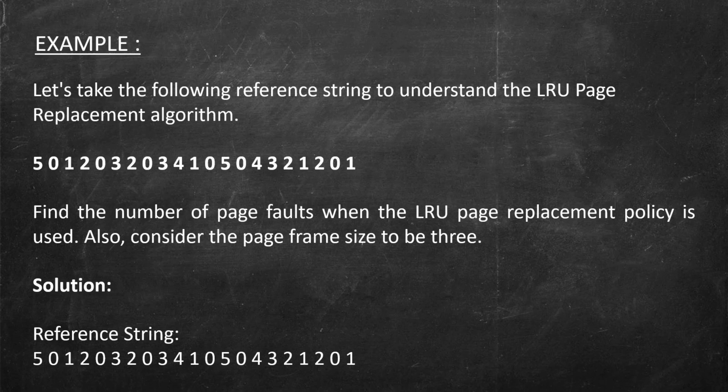Now, let us look at some examples. Let's take the following reference string to understand the LRU page replacement algorithm in a better way. The string is 5, 0, 1, 2, 0, 3, 2, 0, 3, 4, 1, 0, 5, 0, 4, 3, 2, 1, 2, 0, and 1.